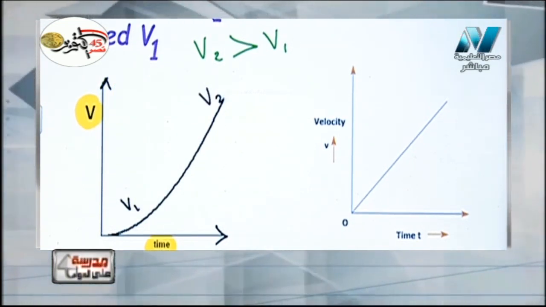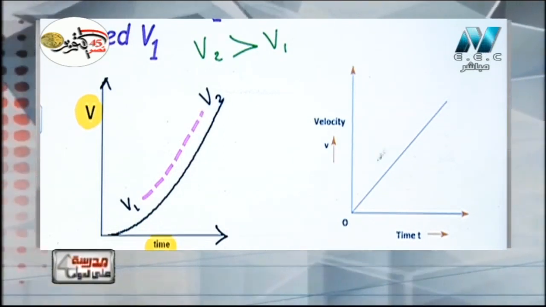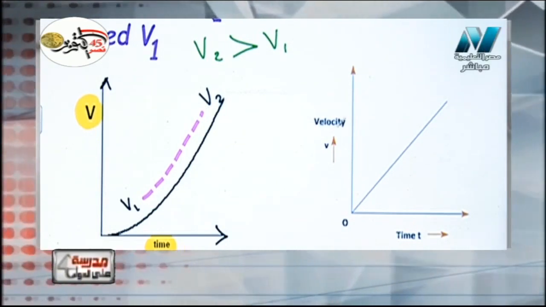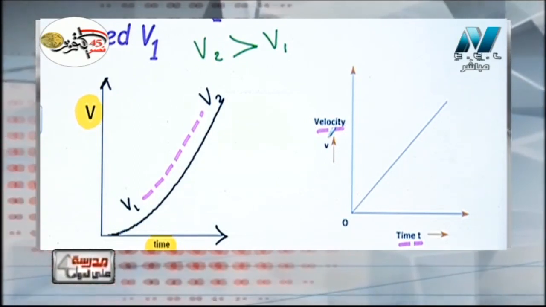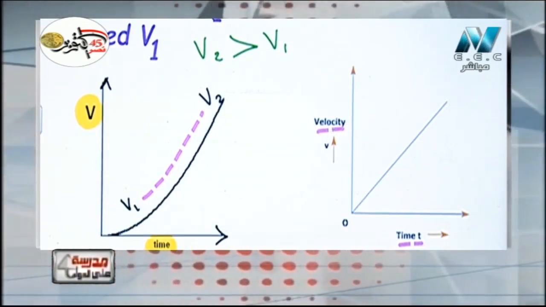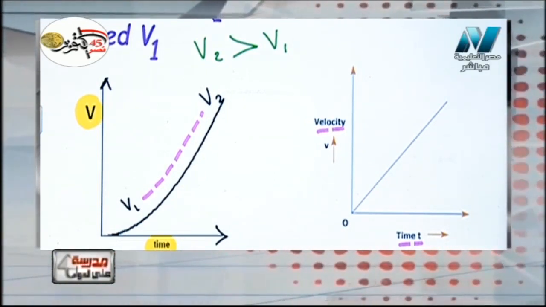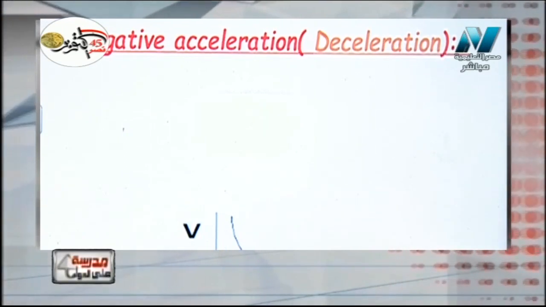So the speed increases as time passes. And here we have the same speed or velocity and time. Of course, in lesson 2 we will know the difference between velocity and speed. Okay, so the final speed, pay attention, is greater than initial speed.